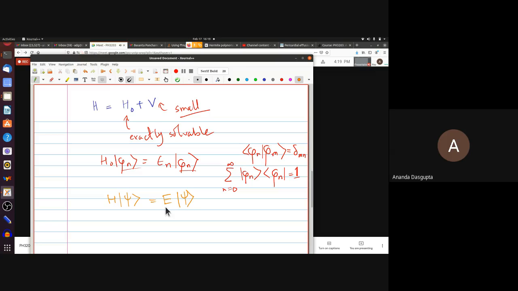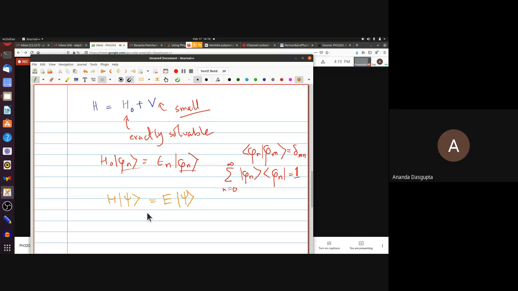And the answer is, well, if V, for example, happens to commute with H0, then this solution would be trivial. You could almost immediately write down the solution in most cases.